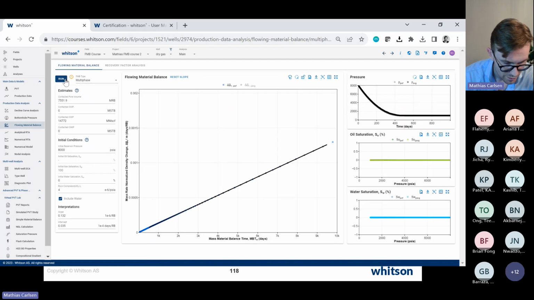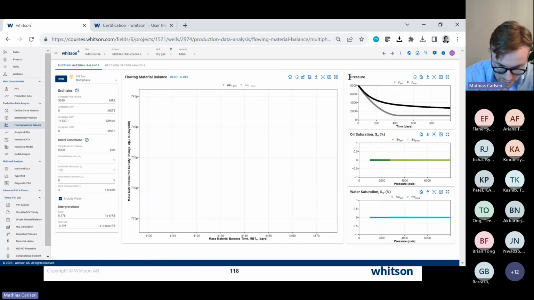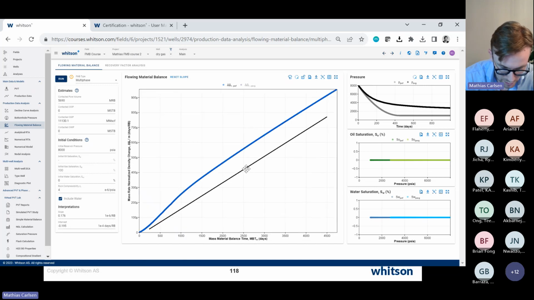We'll see here with the multiphase FMB. If I just run that, we see this is the slope that gives me 14, and now I've delayed it. I'll show you what to do there. Yeah, so this is 11.